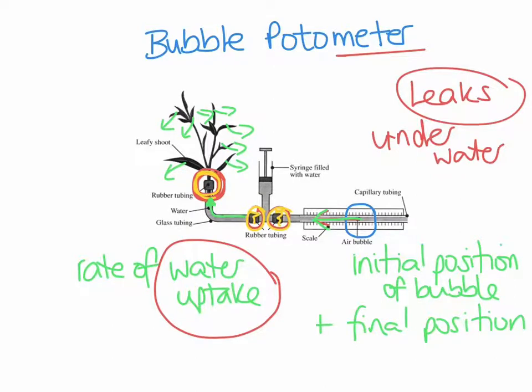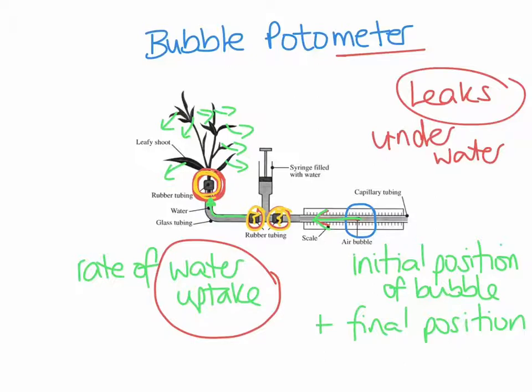Now, we are assuming that the water's being taken up because we're assuming water's being lost by transpiration. But that's not 100% right, because if you think about it, the cells in the leaves are photosynthesizing and they need some water for photosynthesis.